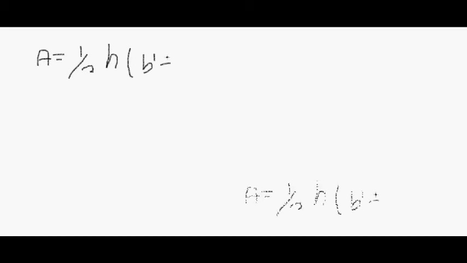The area of a trapezoid is area equals 1/2 times the height times the sum of base 1 and base 2.